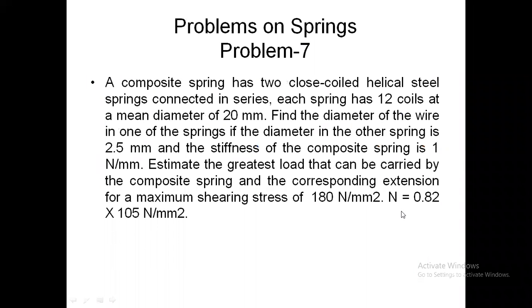This is on springs. Note this down, very important. This problem is on springs which are connected in series. A composite spring has closed coil helical steel springs connected in series.